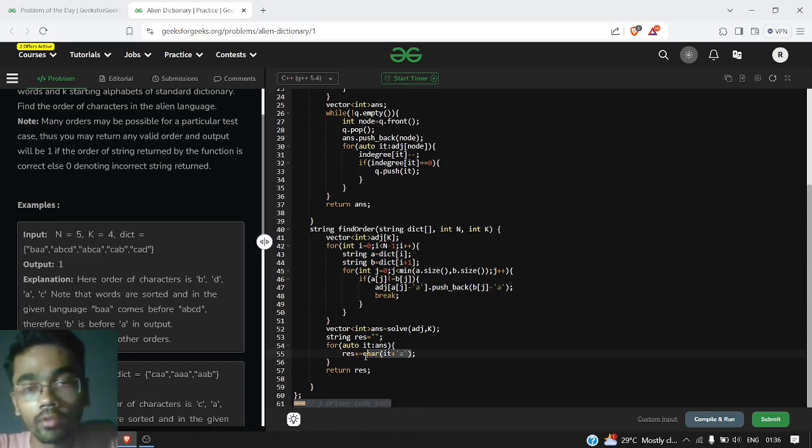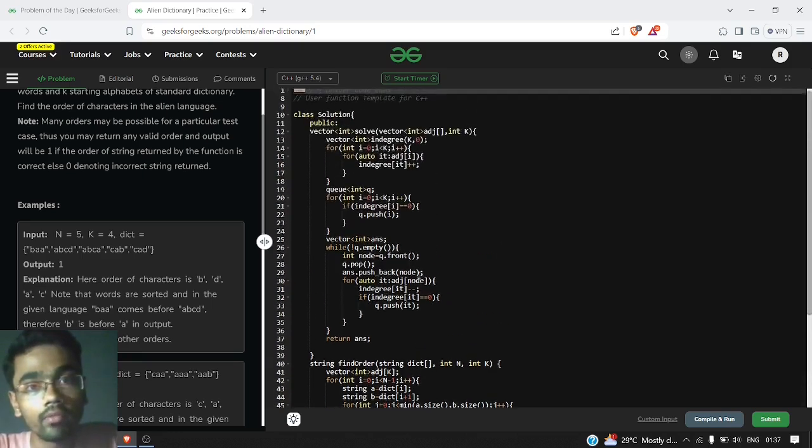So if it was 0, it will convert it into a. If it was 1, it will convert it into b, and so on and so forth. We keep adding it to our string result. In the end, we will return this final resultant string, which will be the alphabetical order in our alien dictionary. So this is how this algorithm is working.